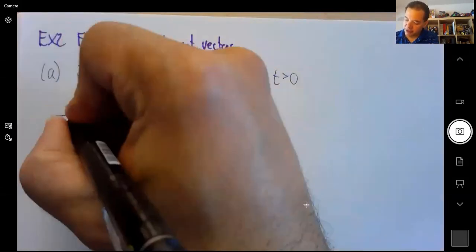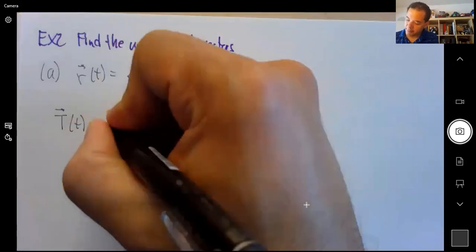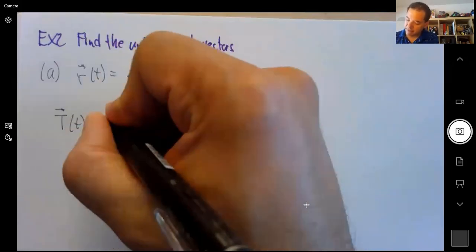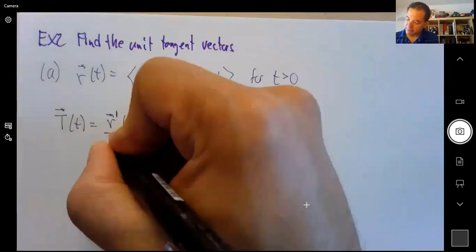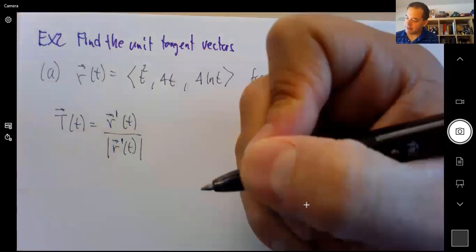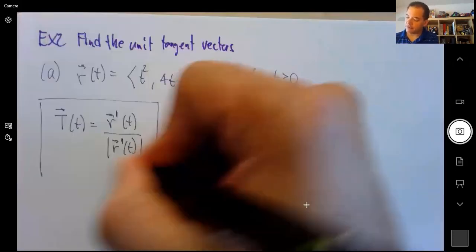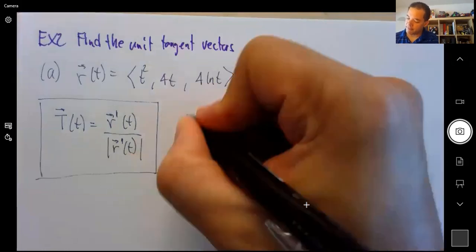The unit tangent vector T is supposed to be r prime divided by the magnitude of r prime, correct? So let's leave this pending. It's our formula. So let's figure out r prime first.